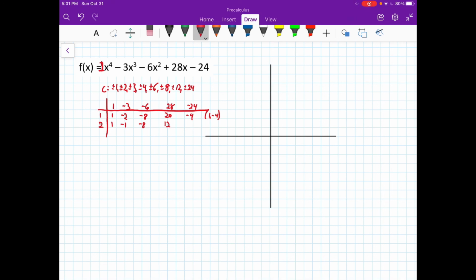All right, so that worked. So we have to the 4th power, so this one's down to cubed. So now we have 1, -1, -8, and 12.